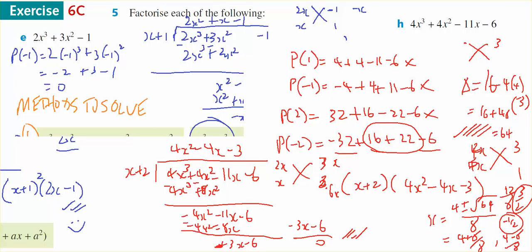Silly me, that's 2x and 2x gives 4x squared, 3 and 1, so I do. So I've got final answers eventually: x plus 2, 2x plus 1, and 2x minus 3, because I want minus 4x, so it's going to be a minus 3 there.